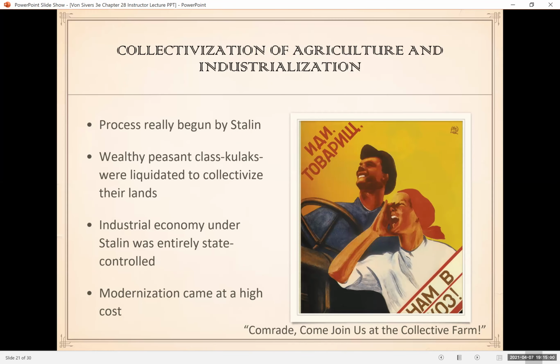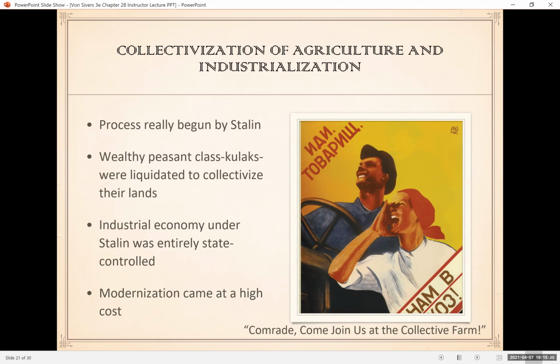But Stalin is going to turn every aspect of the Soviet Union into this model state that was industrialized. He will do it because he has control over everything.